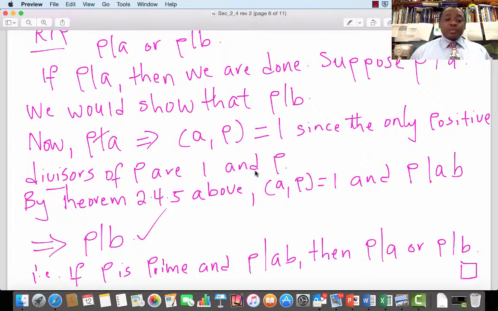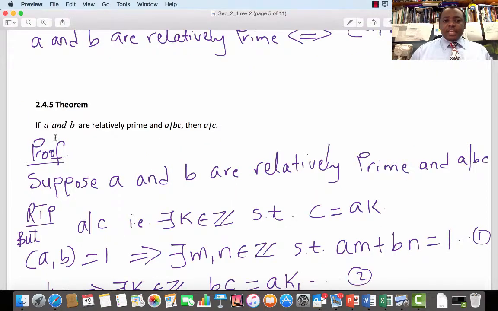So, by theorem 2.4.5 above, since a and p are relatively prime and p divides ab, we must have that p divides b. Recall theorem 2.4.5. It says if a and b are relatively prime and a divides b times c, then a divides c.